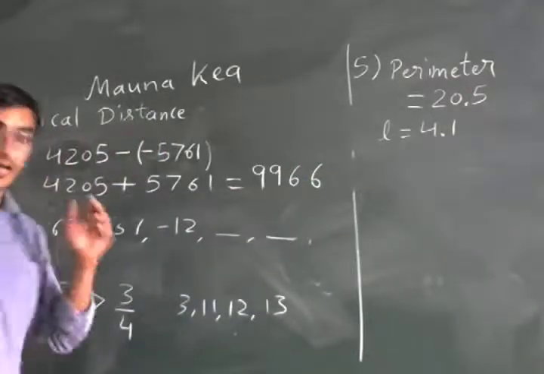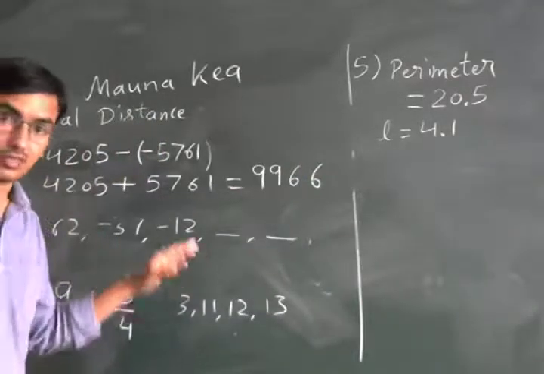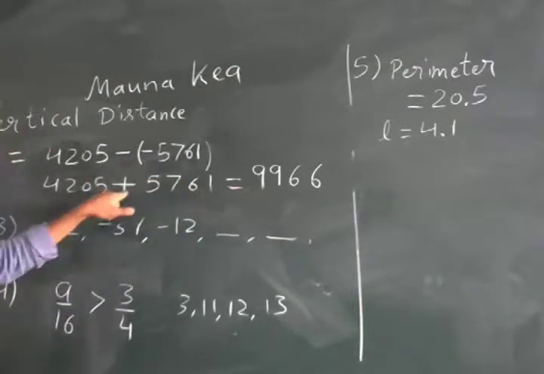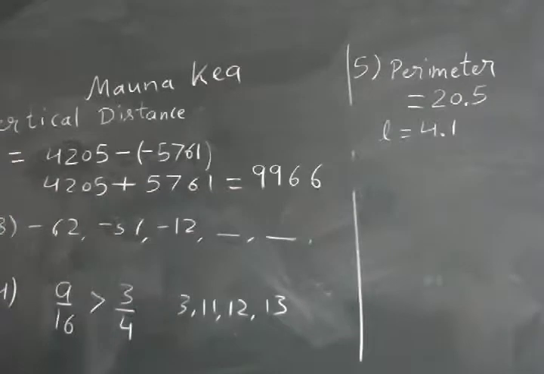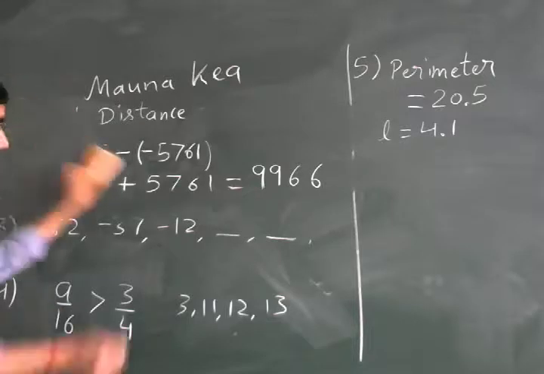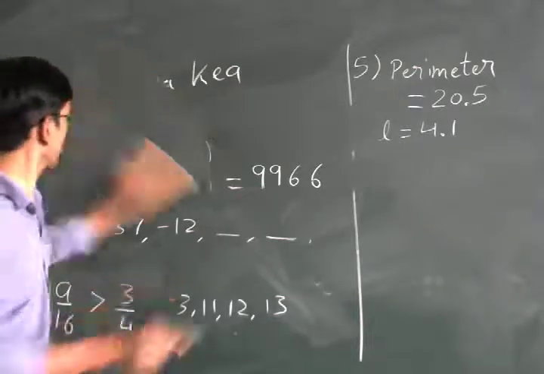But yes, why are we adding? Because actually we are finding a difference, and the second number is negative. So minus of 5 has become plus. Whenever we are asked for vertical distance, you know that we have to do this. This is the second answer. Those who did it correctly, give yourself 1 mark.